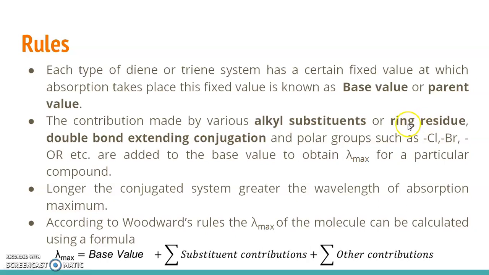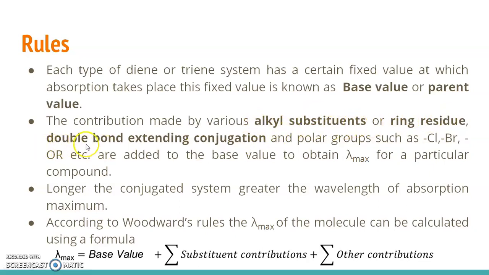Ring residues are things like compounds which have aromatic rings, such as benzene rings. They are called ring residues. You will understand the ring residues when we actually take up the example. So there is some contribution made by these ring residues and also the alkyl substituents.